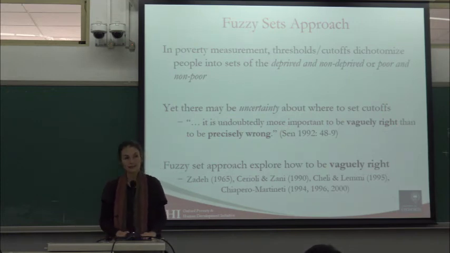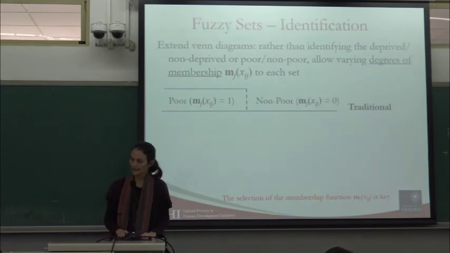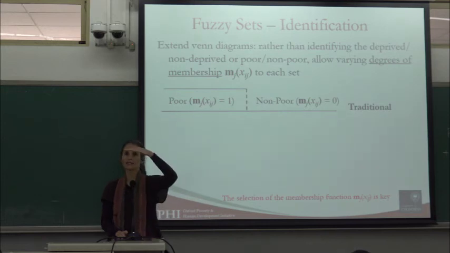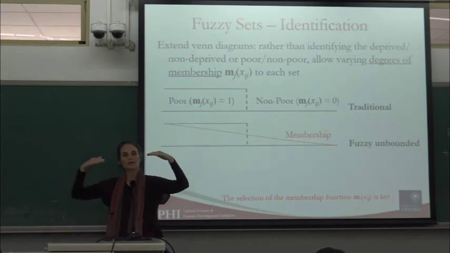And there's quite a large literature on that. A lot of it is in Italy. And so what they do is they often, instead of setting a poverty line, set an upper bound and a lower bound.